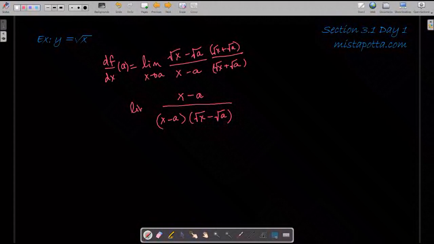And I'm still looking for the limit as x approaches a to find this derivative function.